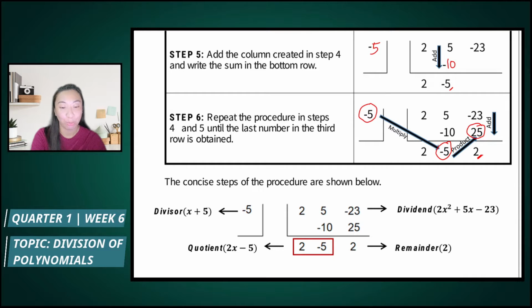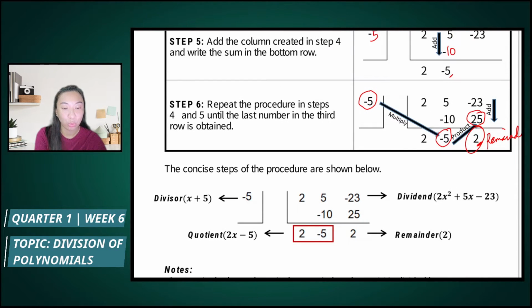Once you have obtained the last number in the third row, that means our solution is already done. The last entry there is our remainder. And 2 and negative 5 will be the coefficients of our quotient.